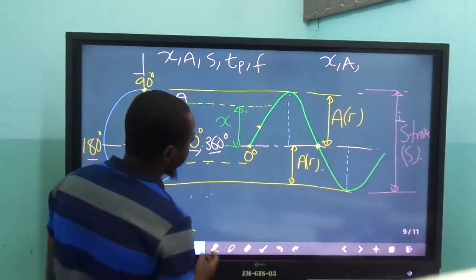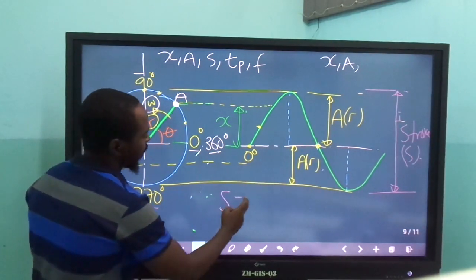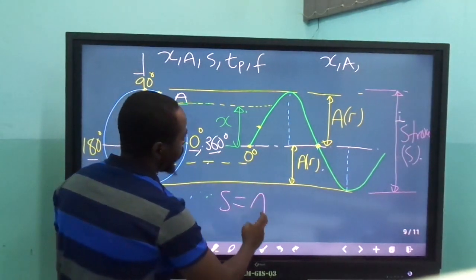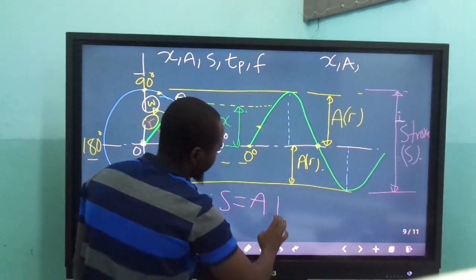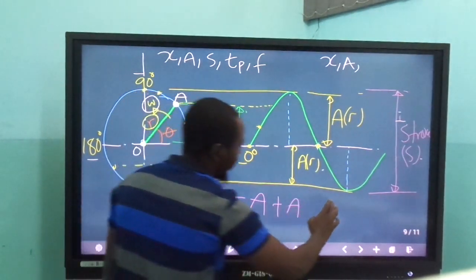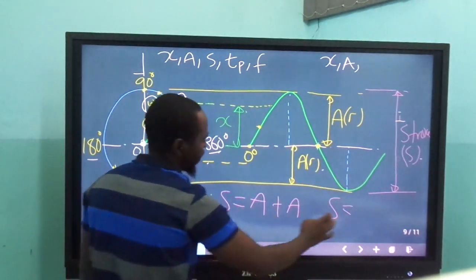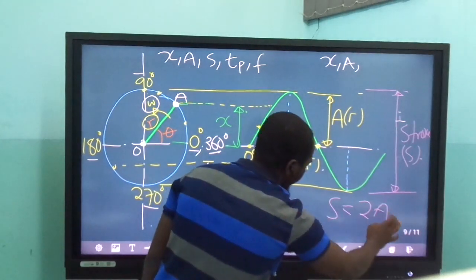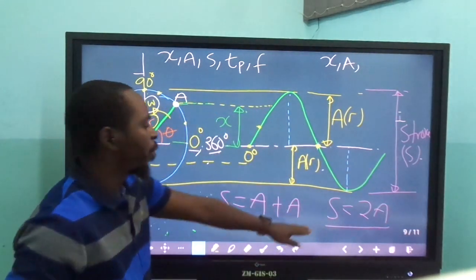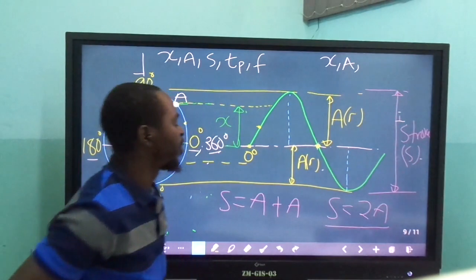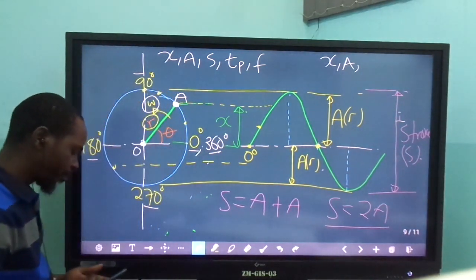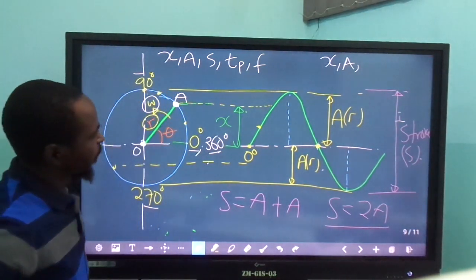So mathematically you can say S is equal to the summation of this amplitude plus that amplitude. Therefore, S is equal to A plus A is equal to 2A. The stroke is equal to twice the amplitude. Clear?